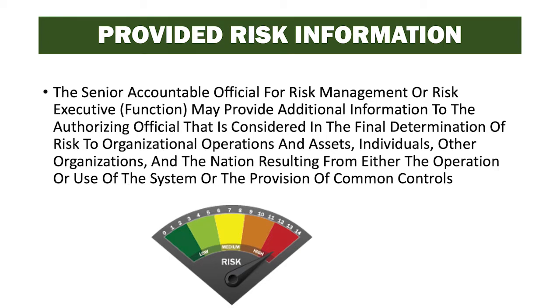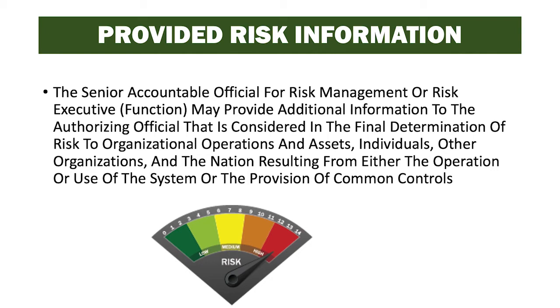The senior accountable official for risk management or risk executive function may provide additional information to the authorizing official that is considered in the final determination of risk to organizational operations and assets, individuals, other organizations, and the nation, resulting from either operation or use of the system or the provision of the common controls.